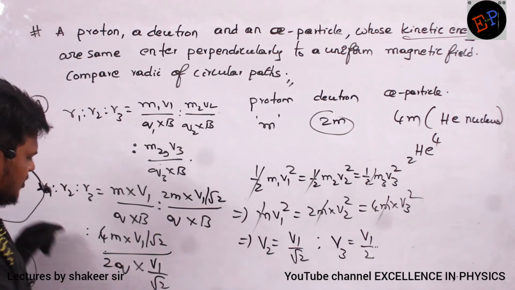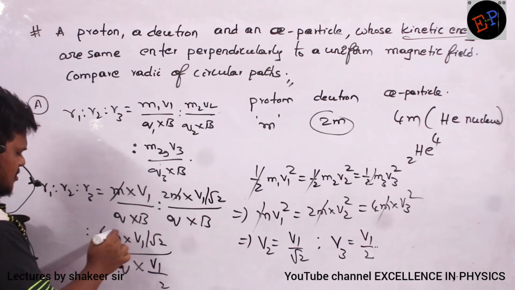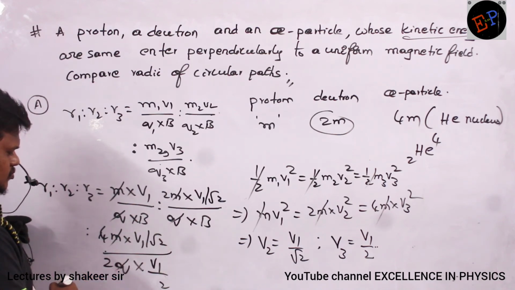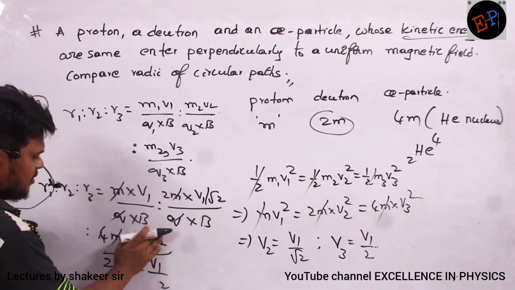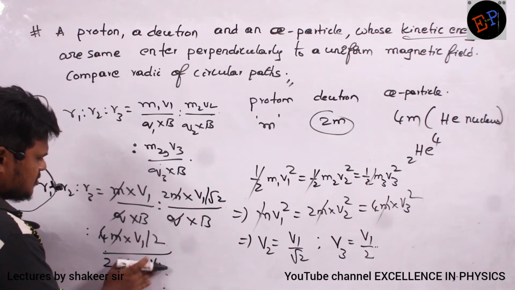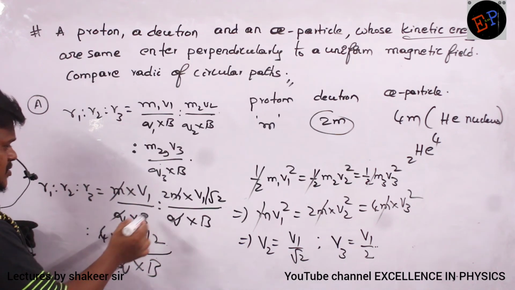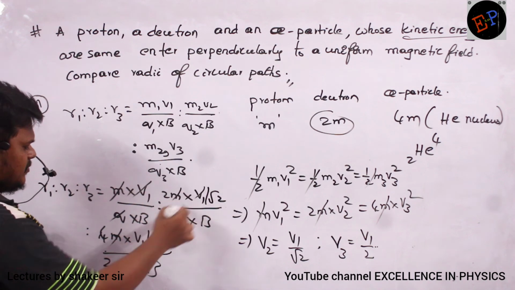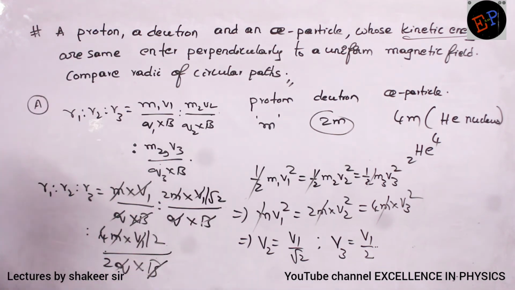So v3 is v1 by 2. I wrote v1 by root 2 earlier, but here I made a mistake, so it is v1 by 2. This is B. Okay, so mass got cancelled. q also gets cancelled. v1 also will get cancelled. B also will get cancelled.